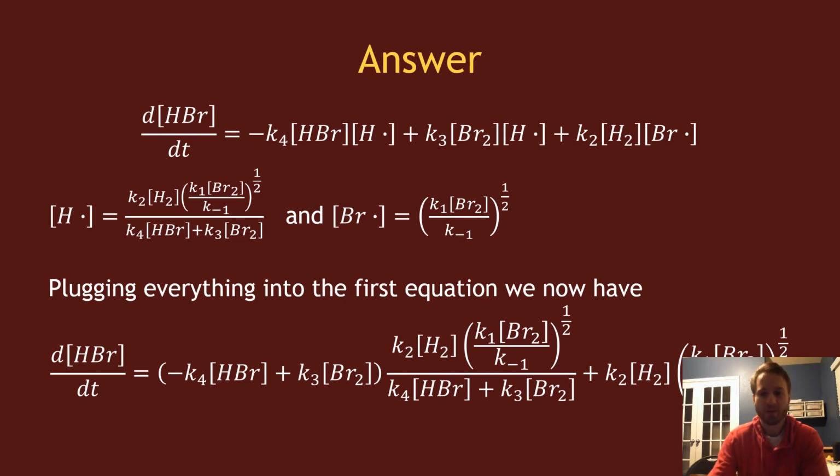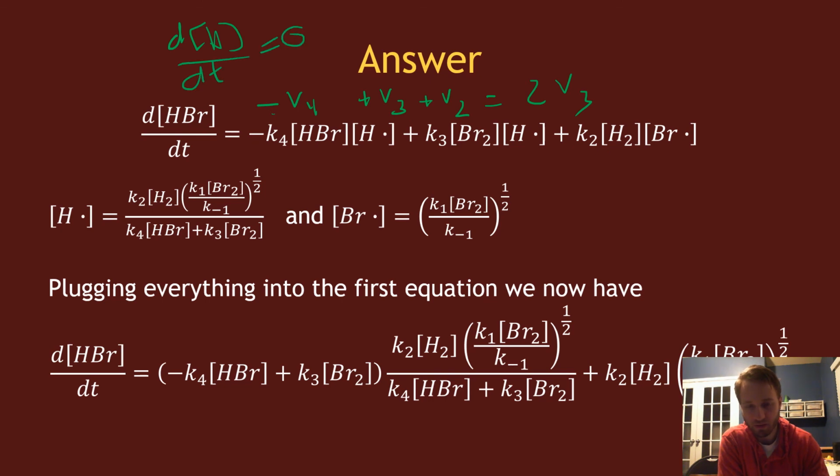So at this point, you have minus v4 plus v3 plus v2, and this can simplify down to 2v3. Using what d[H]/dt equaling 0 gives you, you can simplify this to 2v3.